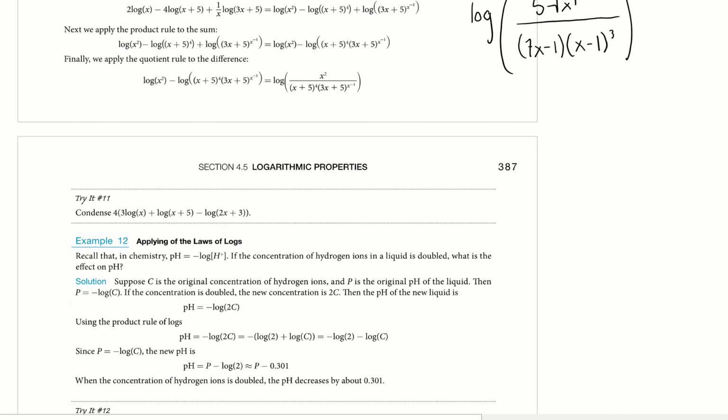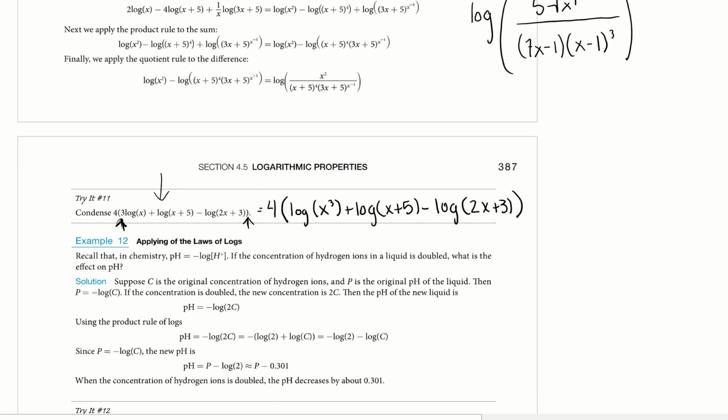Okay, so let's see. Now we're going to work on this one. Well, I noticed that it has another set of parentheses and that there's a 4 on the outside. So I'm going to try to simplify the inside of the parentheses first, and we're going to start with power rules. So that's 4 times log x cubed, because it has a 3 in front, plus log (x + 5) minus log (2x + 3).